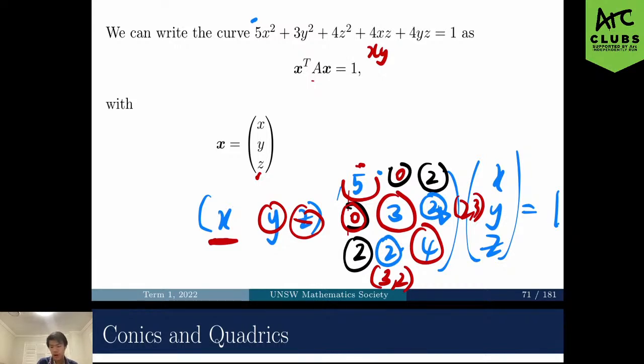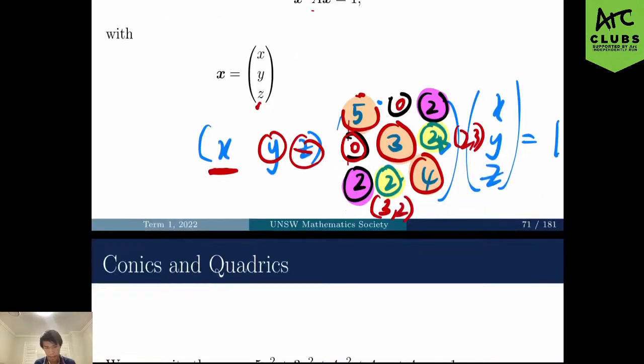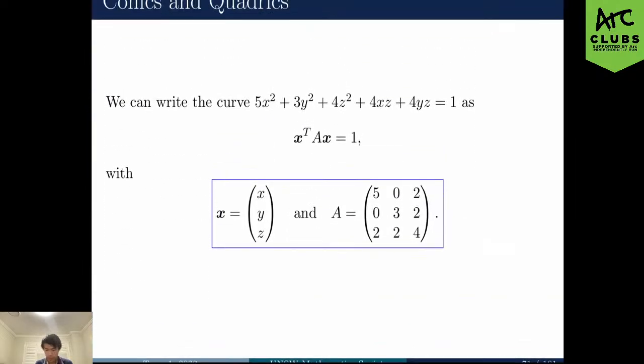Just to recap, these terms over here are the diagonal terms. Then these mixed terms, you have to find the corresponding one in the matrix, and you split it in 2 parts. So that's 2 plus 2, and then this thing is 2 plus 2 as well. Cool. That's how we find the matrix A, and that's what we've got here.